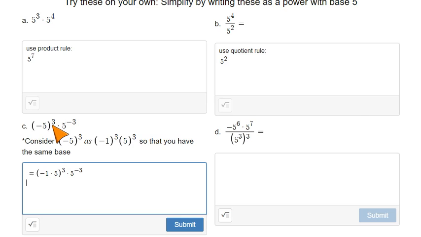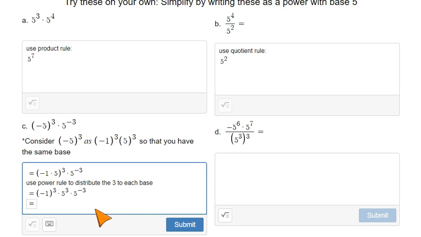I'm going to use the product rule now to distribute the 3 to each of the bases. So I would have negative 1 to the power of 3 times 5 to the 3 times 5 to the negative 3. And this 5 to the negative 3, I just copied from the line above.